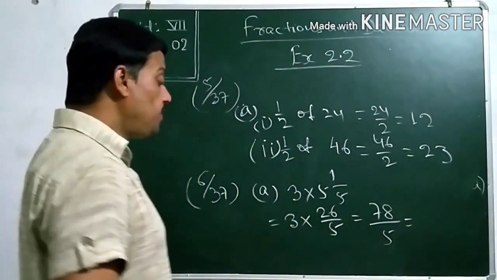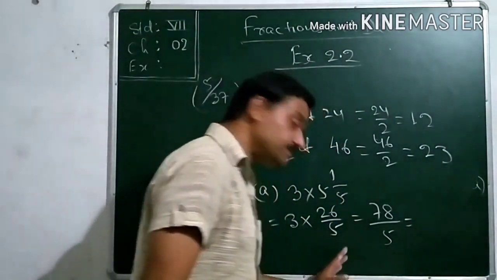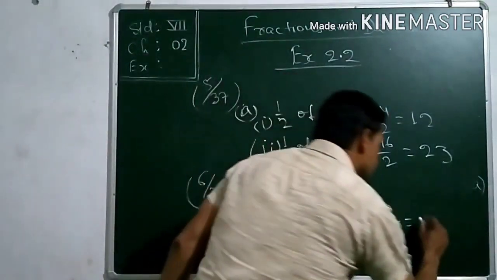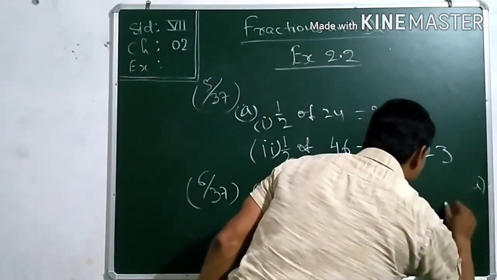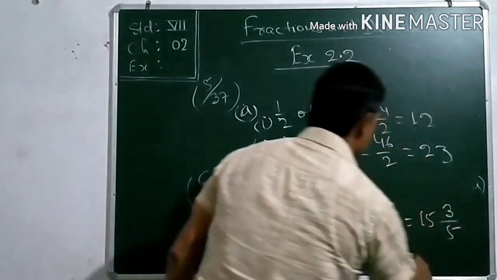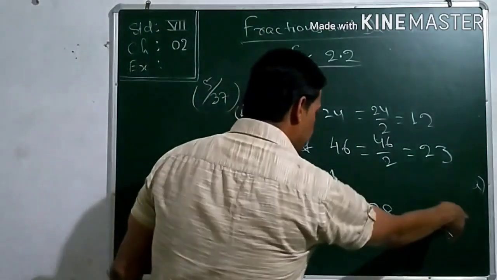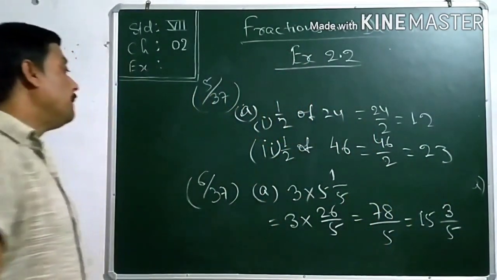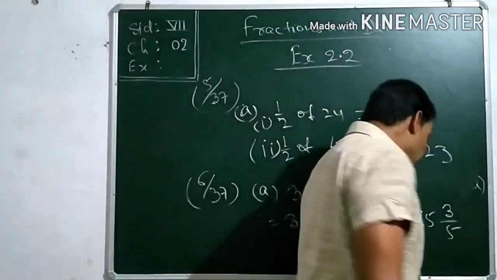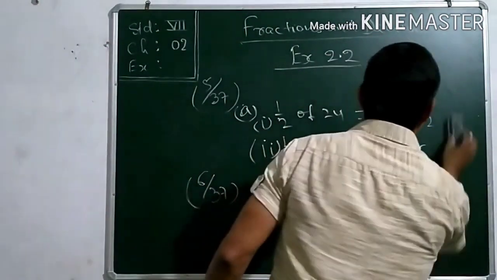Now, we need to represent 78 by 5 as mixed fraction that you can do. Write as 15 whole 3 by 5, as 15 5s are 75 plus 3, 78. Similarly, you will solve the remaining sums of 6 number.